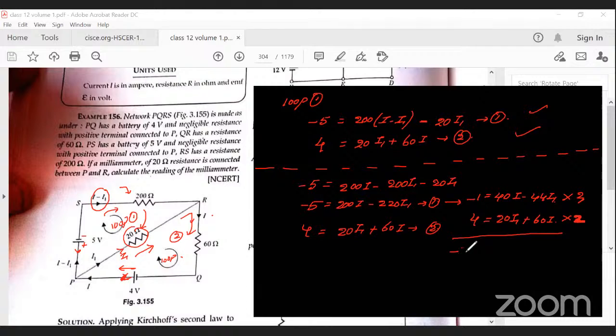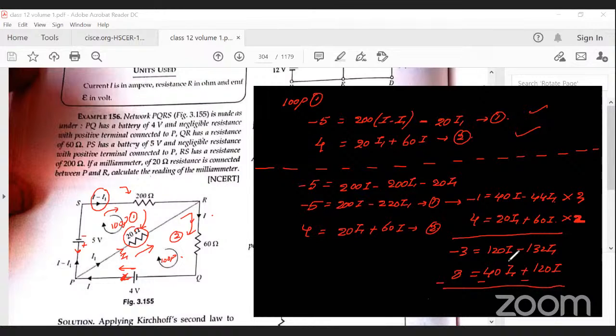So when I do it, it will be minus 3 is equal to 120 I minus 44 into 3, which is minus 132 I1. And 2 times 4 is equal to 8, which is 40 I1 plus 120 I. So now I'm going to subtract.